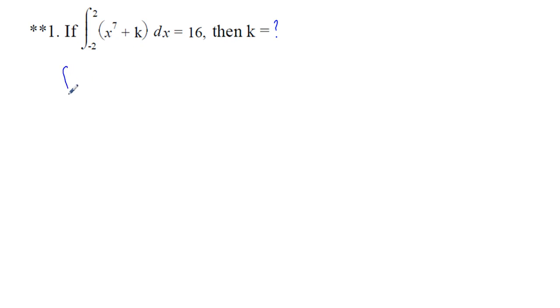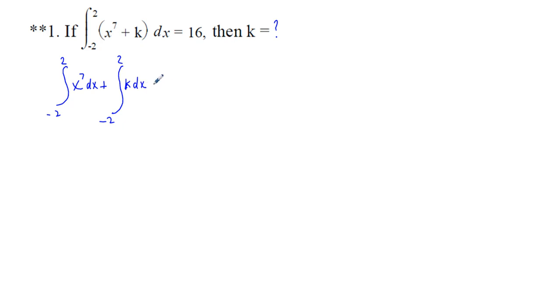So that's going to be equal to the integral from negative 2 to 2 of x to the 7th power dx plus the integral from negative 2 to 2 of k dx.